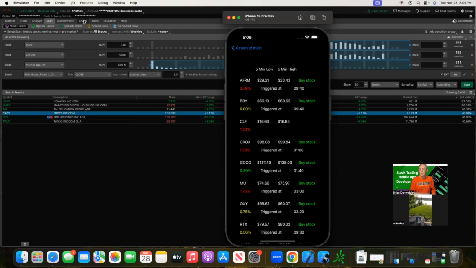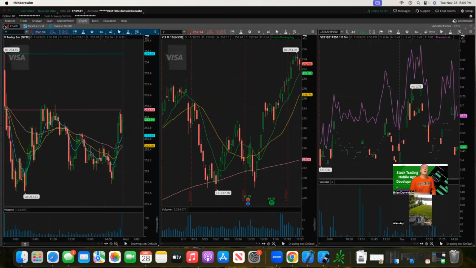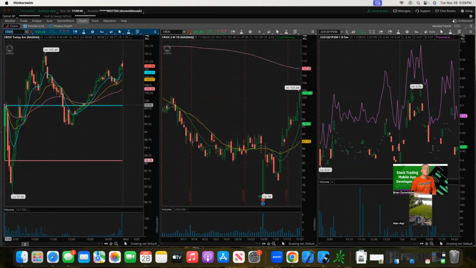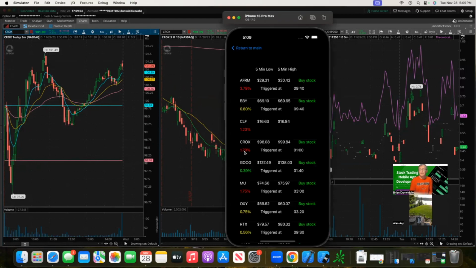If I look at that chart, this right here is a big opening candle. So since I saw this 1.79, I eliminated it from trading today. I basically ignored it, even though it triggered long here, because of that big opening candle.